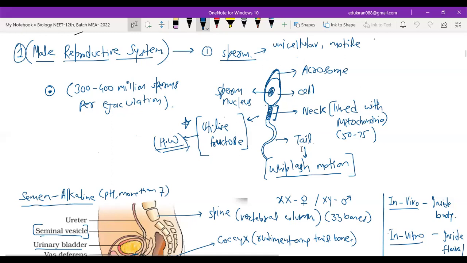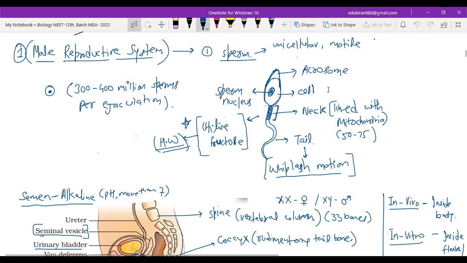So here, talking about the male reproductive system, let's first talk about the gamete, sperm. Sperm is a unicellular motile gamete. This is the structure of sperm where there is a head, neck, and a tail region. In the head region, the sperm has a cap-like structure called acrosome.